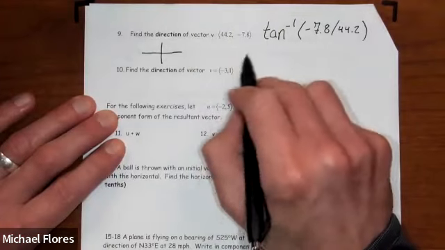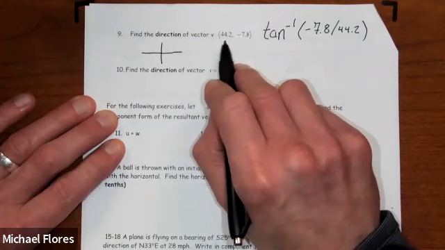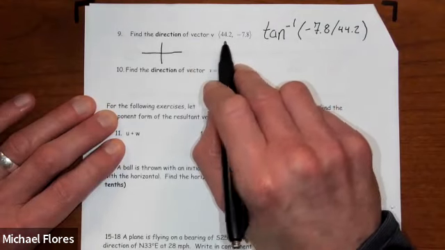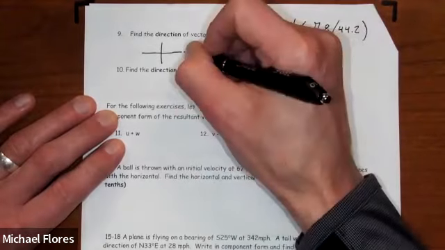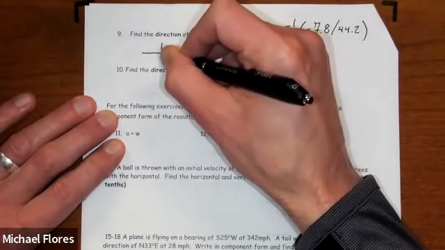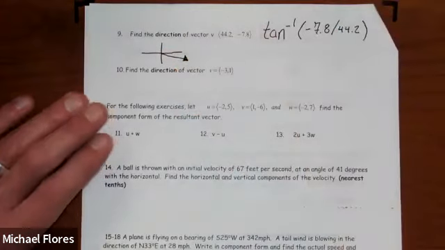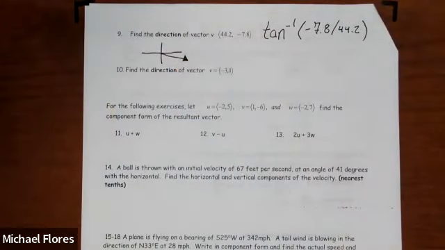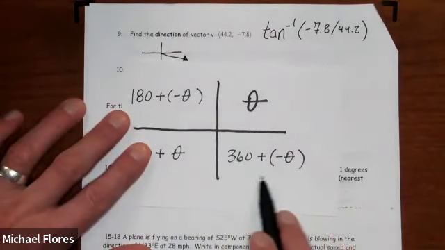So looking right here, if I had to plot this coordinate on a coordinate plane, we'd have to go right 44.2 units. So I'd have to go way over here and then down 7.8. So our vector is located in quadrant 4, and remember what the pattern of quadrant 4 is. It's right there.